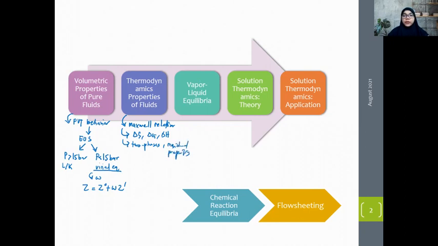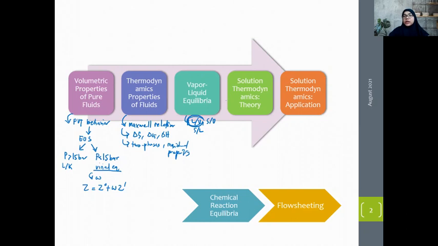Okay, and then we move to vapor-liquid equilibria. In vapor-liquid equilibria, we focus on determining the composition at fixed temperature or pressure, for the coexisting phases in the system, whether liquid-vapor, solid-vapor, or solid-liquid. But we focus on the liquid-vapor phases in the system.